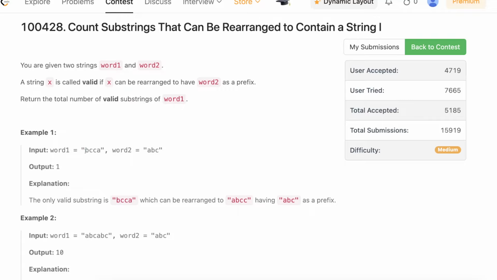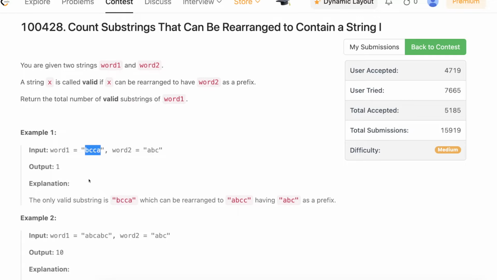So let's figure out one by one whether each of these is valid or not. Let's start with BCC. Is this a valid substring? Answer is no, because no matter how you rearrange, you will not be able to form a string that has ABC as the prefix. Why? Because there is no A at all, right? Similarly, the second substring is also not valid because there is no B in the current substring CCA at all.